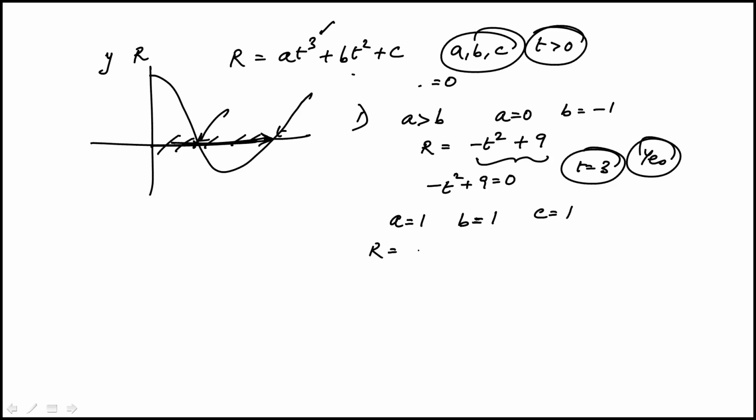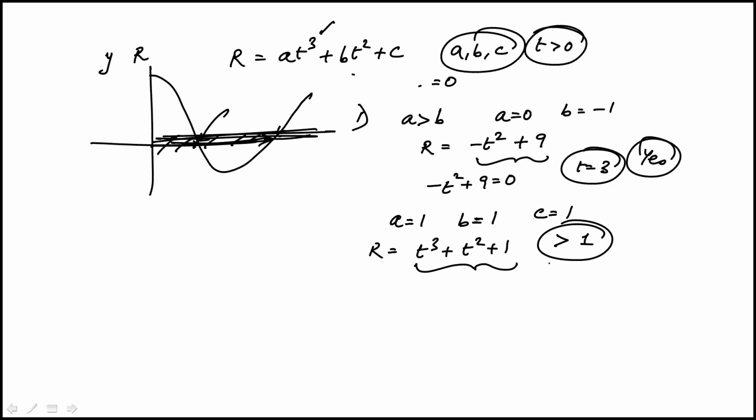So our function would be t cubed plus t squared plus 1. Now, we're looking at only positive values of t, and you'll notice that this will always be positive. In fact, it will be greater than 1. So there will be no value of t for which this will be equal to 0. So that would answer the question as a no. So 1 alone is insufficient.